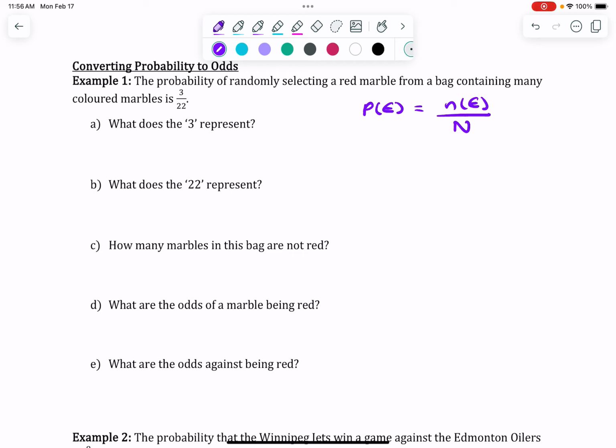So in this case, the 3, that numerator, represents the number of red marbles, and the 22, that denominator, represents the total number of marbles in that bag.